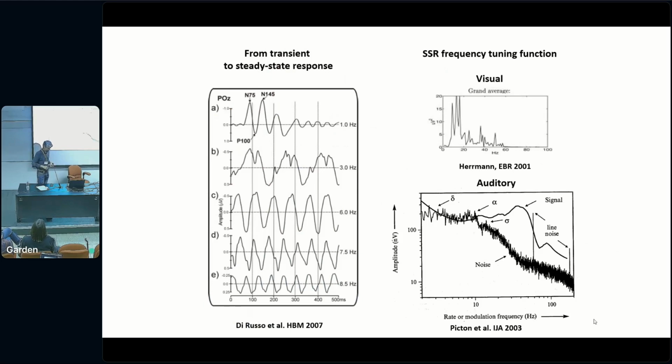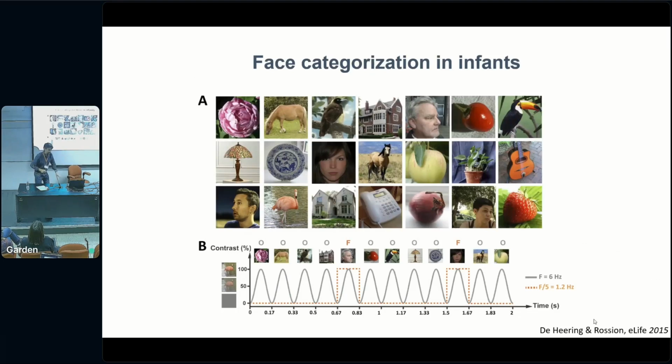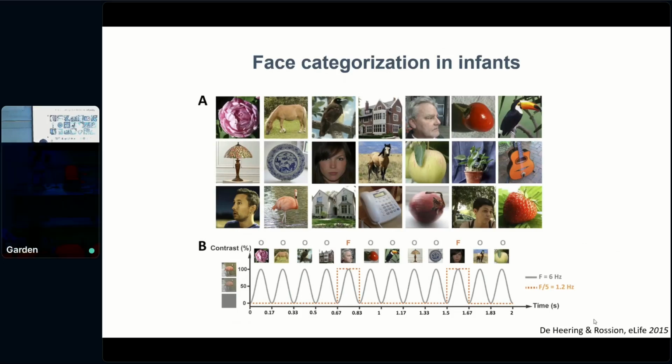Not only because we want to study higher order responses, but also because the ability of dissociating different levels of responses depends on the ability of using low frequencies. To show you that, I will present only 2 studies, for illustrating the method. 2 studies that give nice examples on how to use frequency tagging with infants.